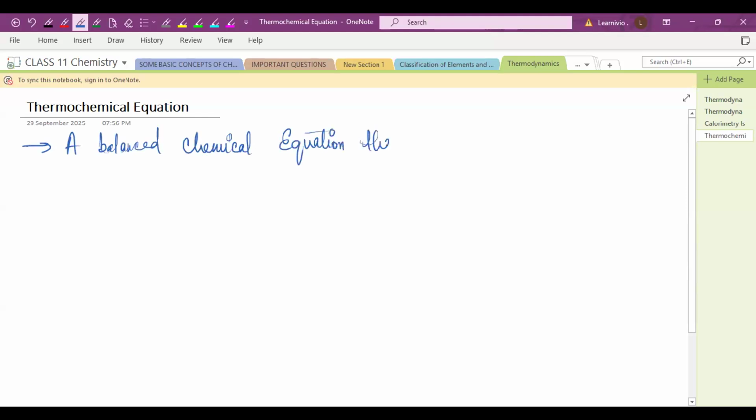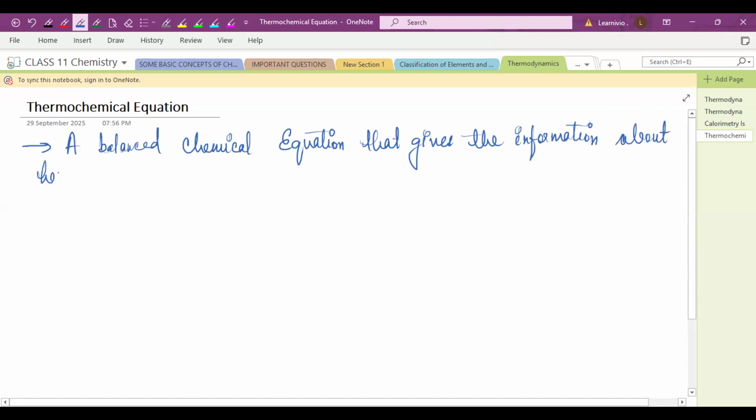that gives the information about heat change during the reaction.